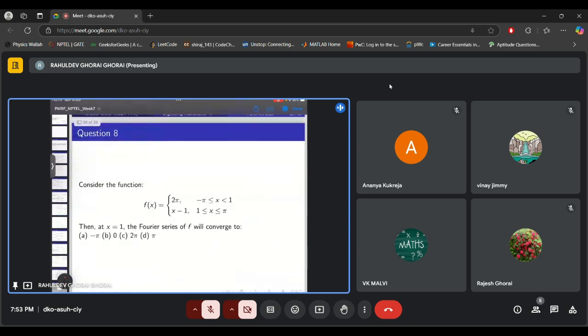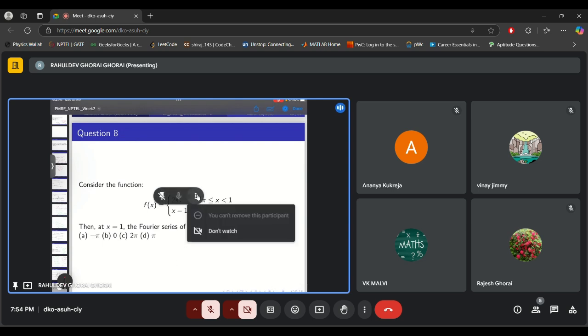So what about question 8? Again, Fourier series came into the picture.